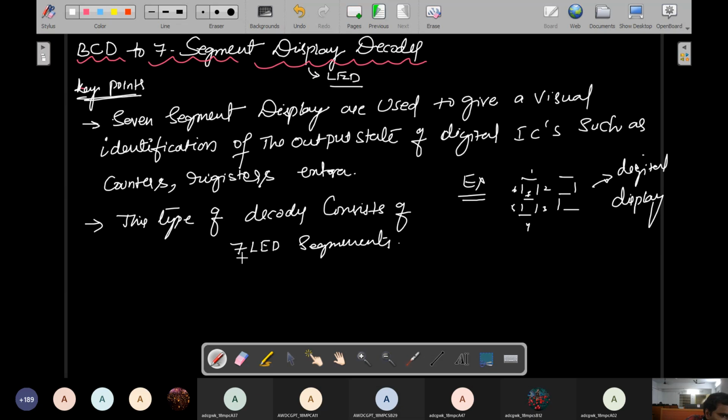In a 7 segment display, the display numbers are numericals, starting from 0 to 9.